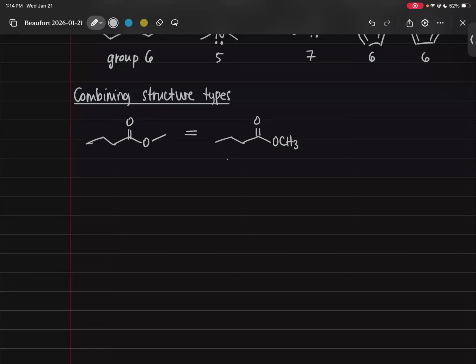But the main thing here to see is that this side of the molecule we've drawn as a skeletal structure, and we've written the CH3 like a condensed structure, and that's totally okay.